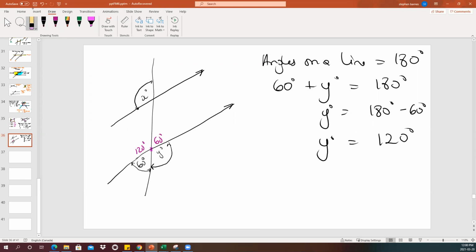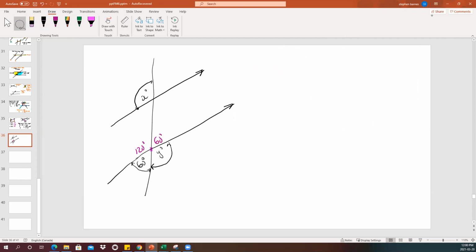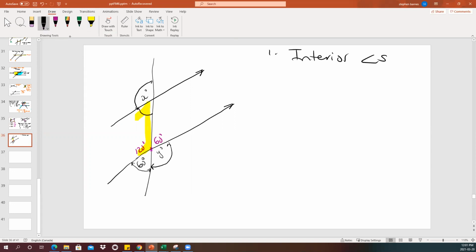The first way we can use, let me just erase this so we have some space, is by using interior angles. So interior angle would say to us now that the angles inside here are summing to 180. So this angle here, which is not the angle we want to find, but it will help us to find X, I'm going to call it question mark.